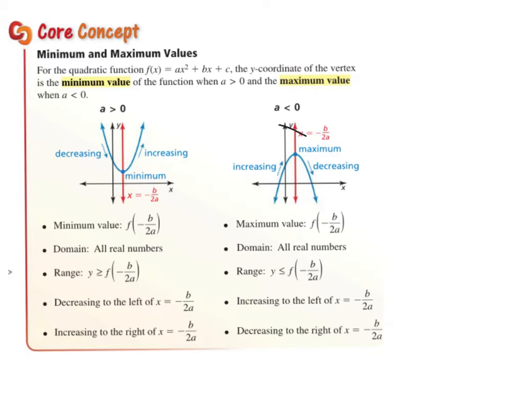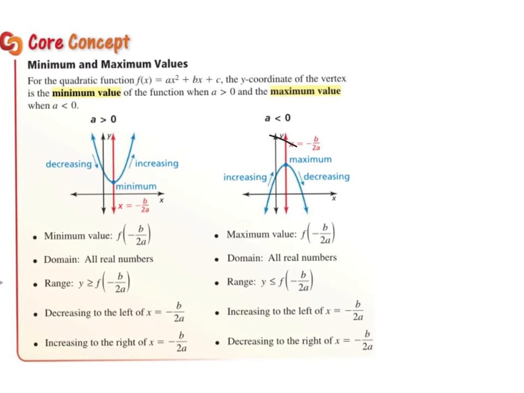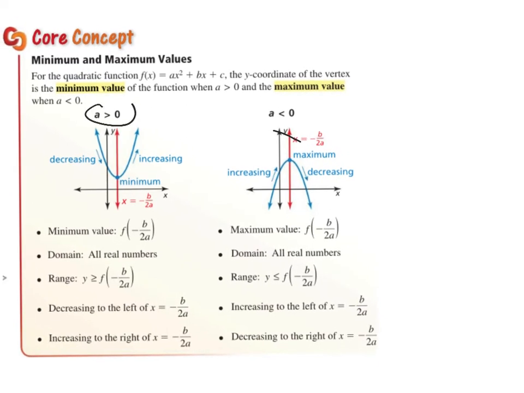And so depending on your a value, if your a value is bigger than 0, it opens upward, which means it will have a minimum. What's that minimum value? Well, the minimum is the lowest y value that it goes to. X is where it occurs, the y is the minimum value.